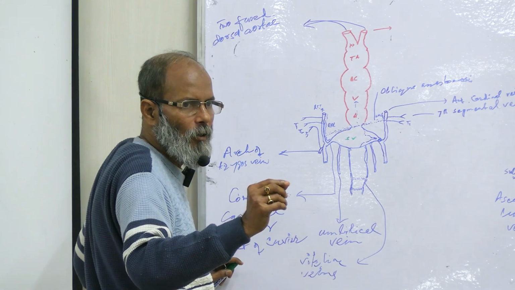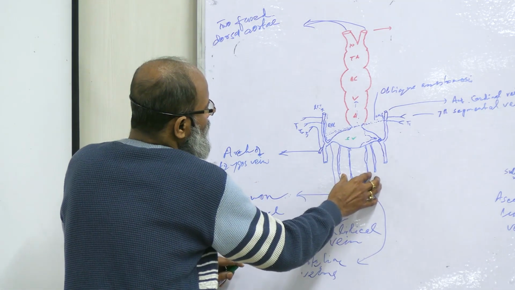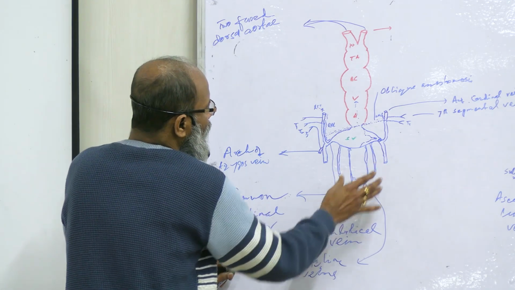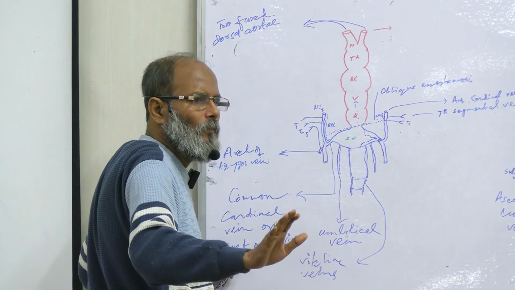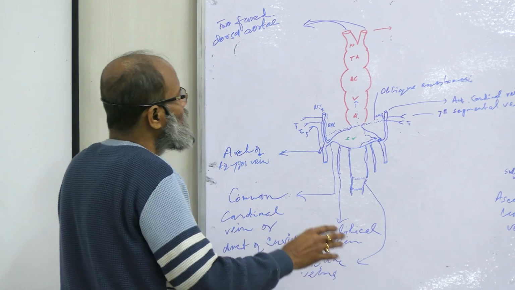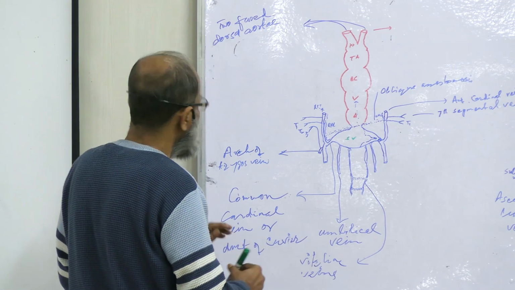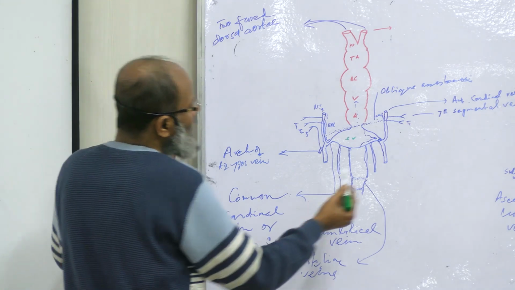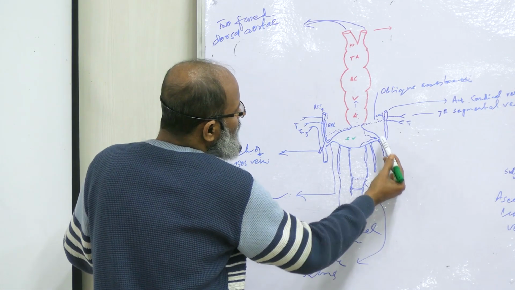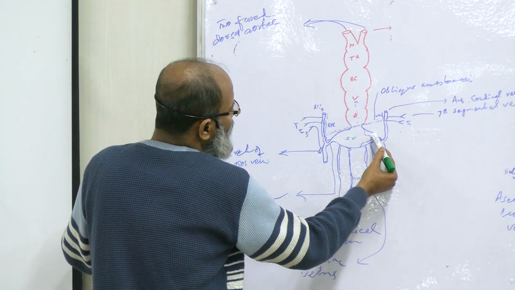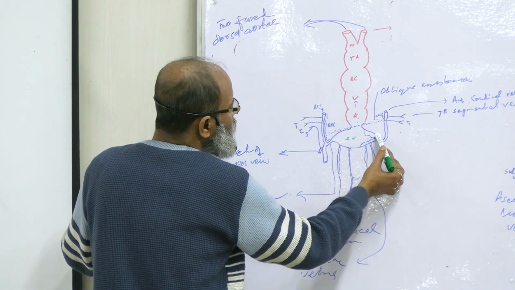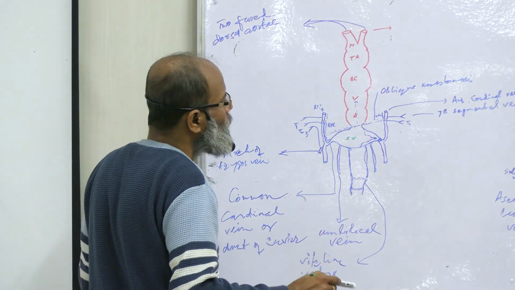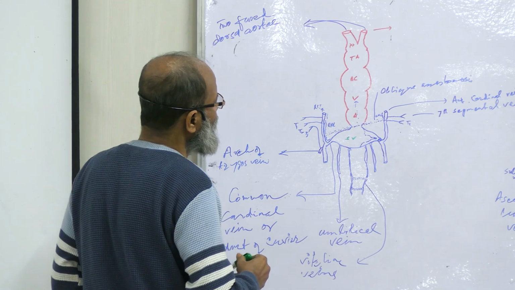These are the communications between the vitelline veins, and these are the umbilical veins. This narrowed down part is the ligament of Marshall, and this narrowed down part is known as the oblique vein of the left atrium. All right.